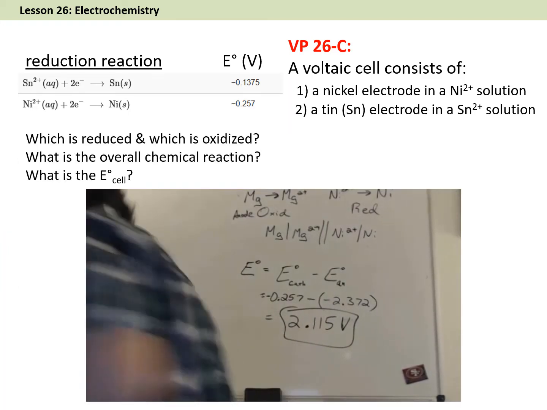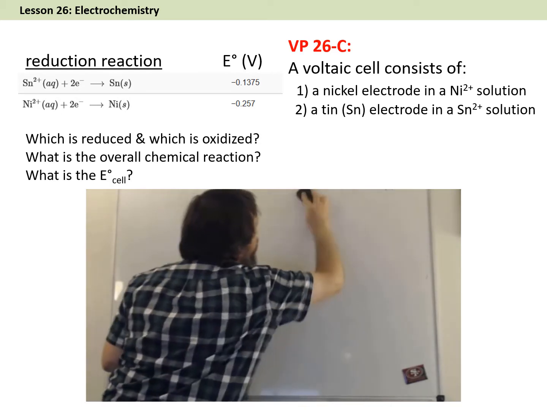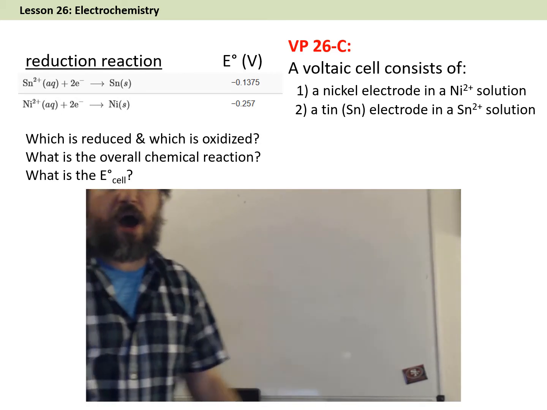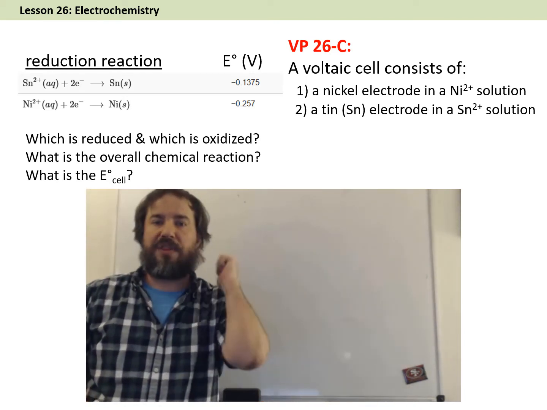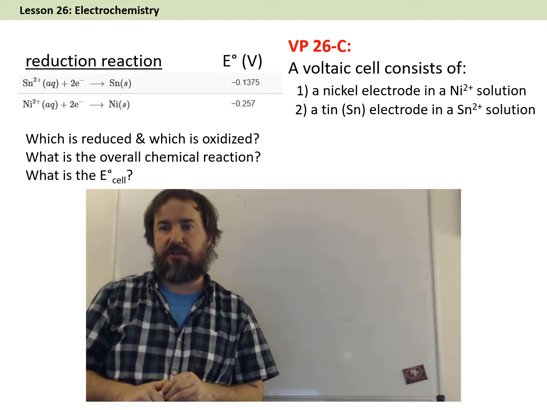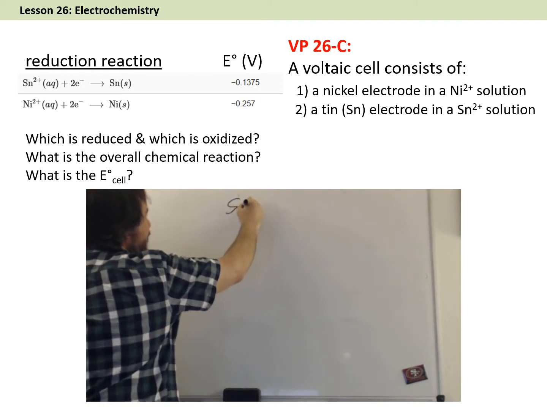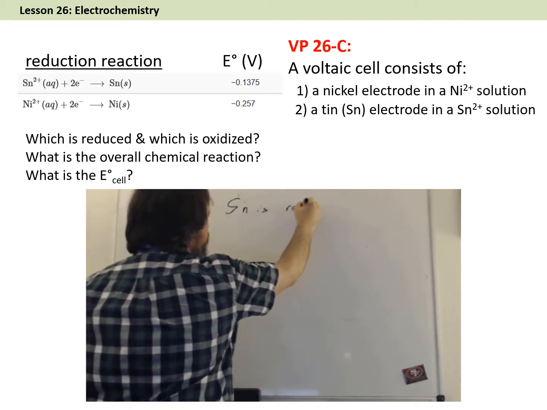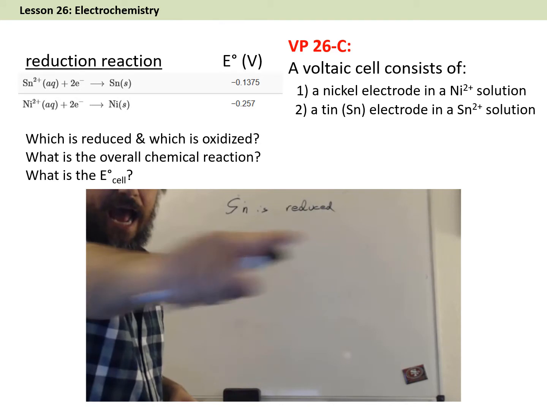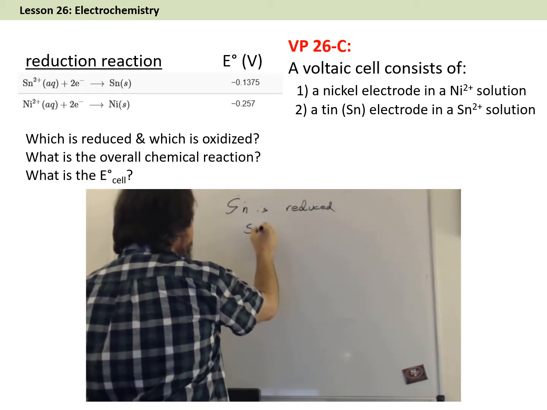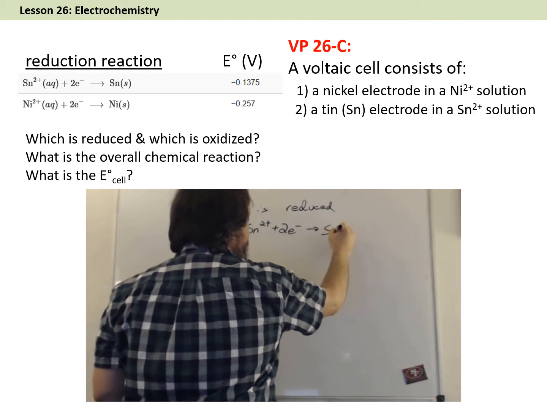Okay, so now let's go ahead and do this on the board. We're asked which one gets reduced. The one that gets reduced is the one with the highest reduction potential. That's going to be the tin, right? So tin is reduced, which means it's just as written: Sn2+ plus 2 electrons going to form tin.